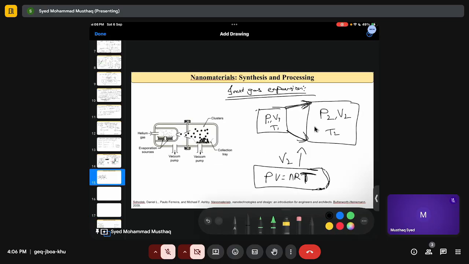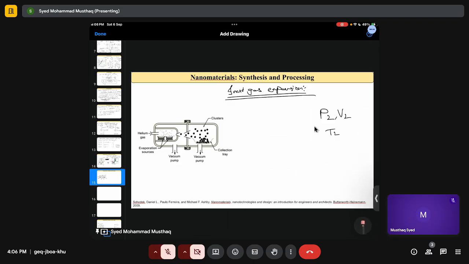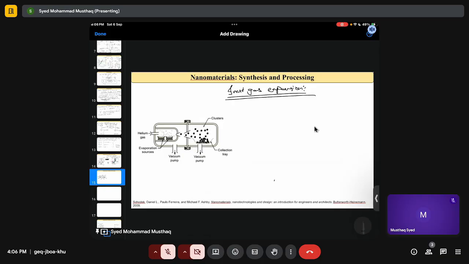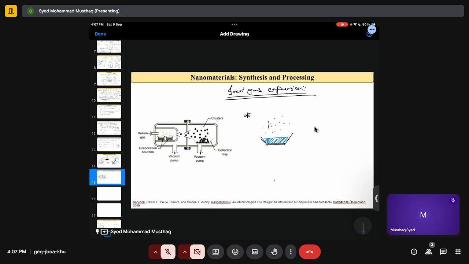So the same theory is used here. Simple. At first, I have a chamber, and in the chamber I am heating my material, and the material forms fumes, gas molecules.